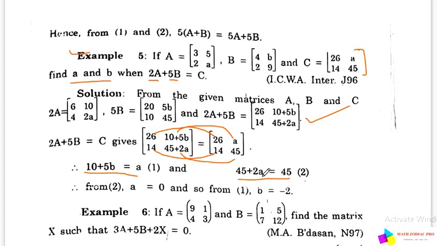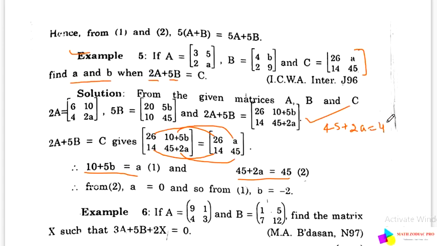Okay, so here we have to find the A value. I just write: 45 plus 2A equal to 45.